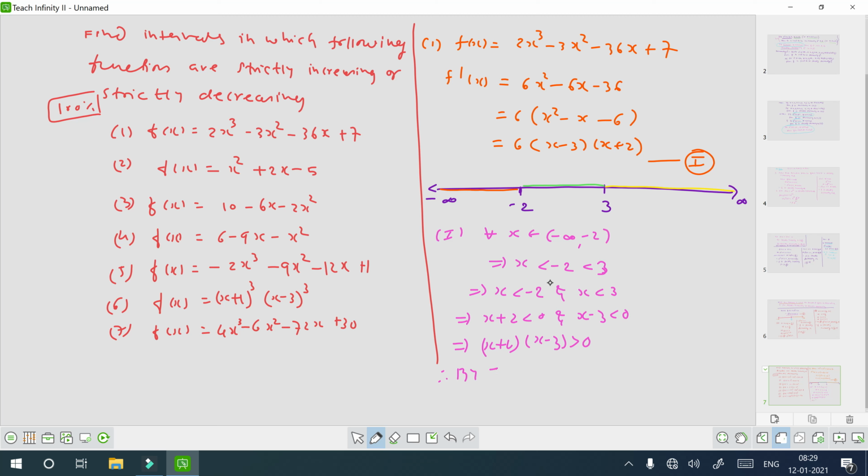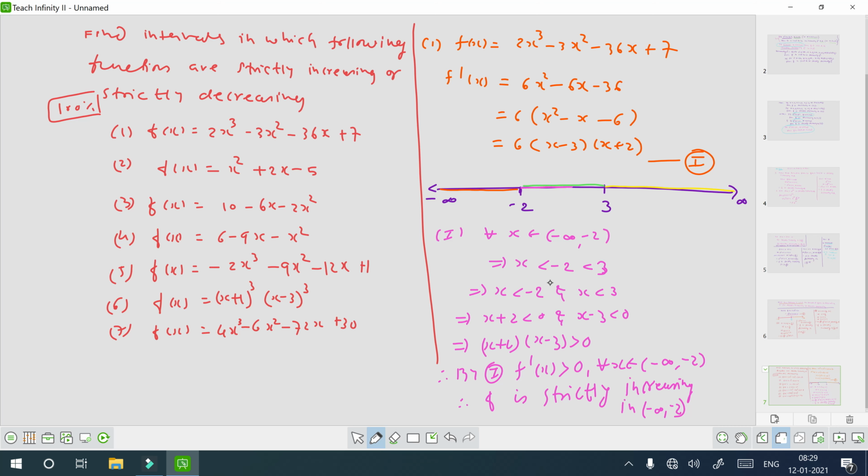And therefore by 1, f dash x is greater than 0 for all x belongs to minus infinity to minus 2. And therefore f is strictly increasing in minus infinity to minus 2.